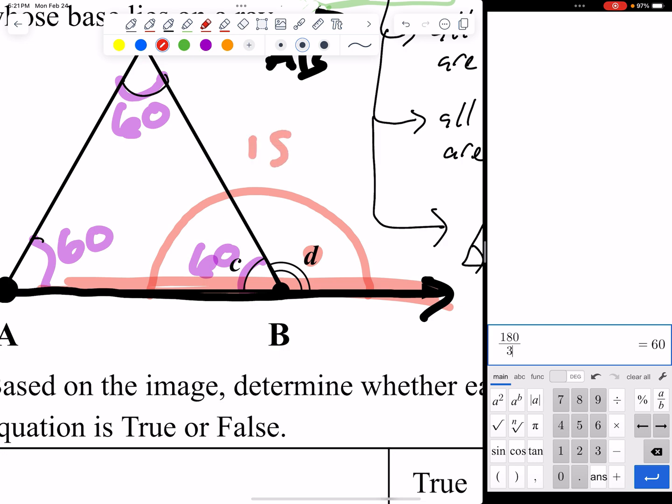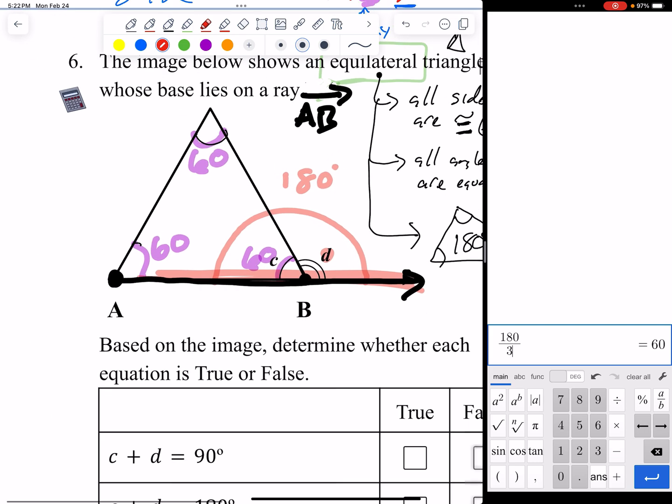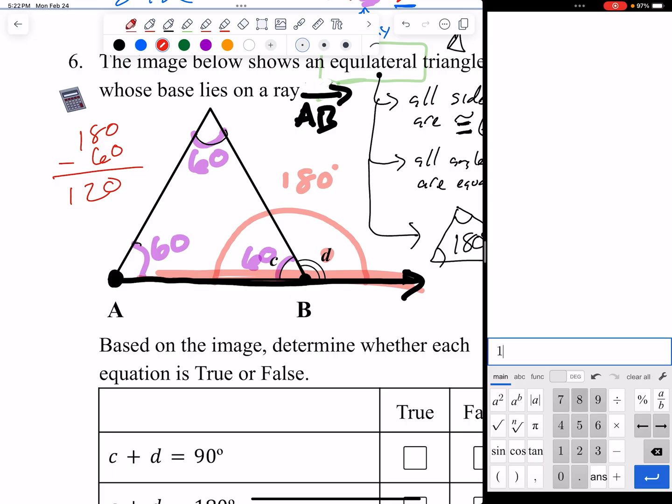Those angles add up to, oh my God, another 180 degrees. So how do I find angle D? Well, I'm going to take 180 and subtract the 60. So that's going to give me 120. Let me triple check right here. 180 minus 60, and I do, in fact, get 120 degrees.